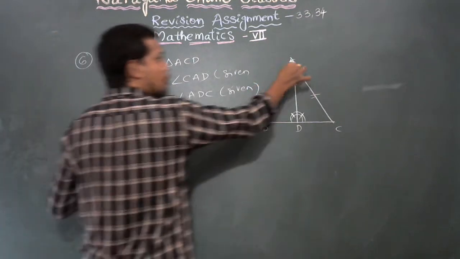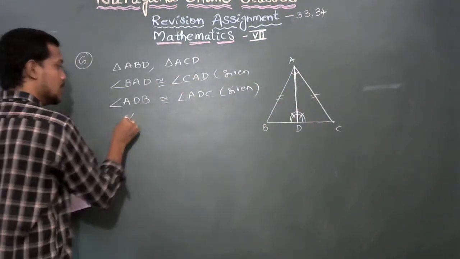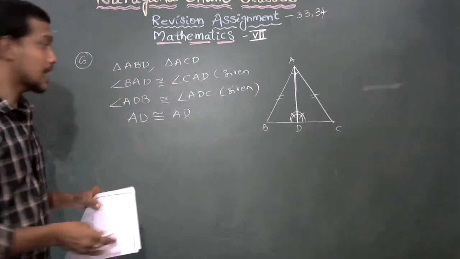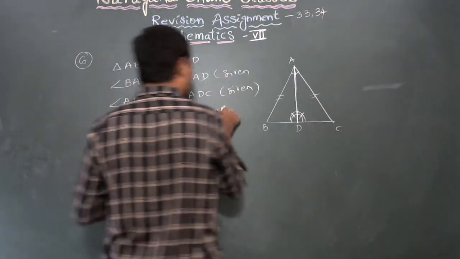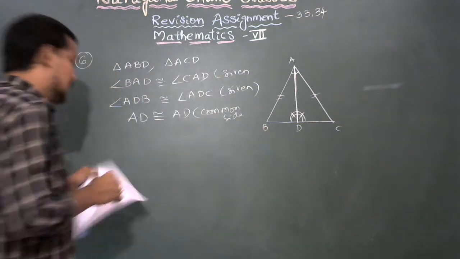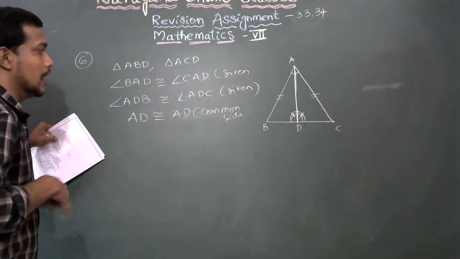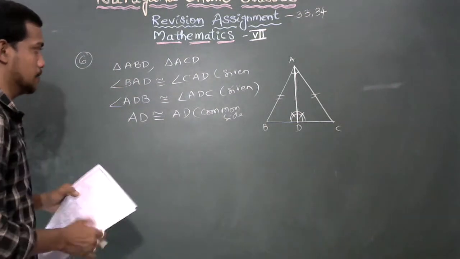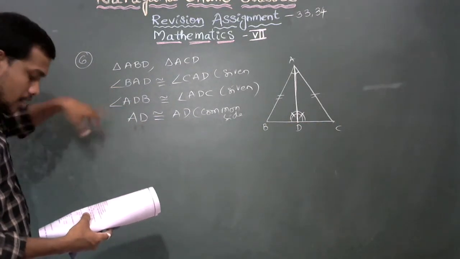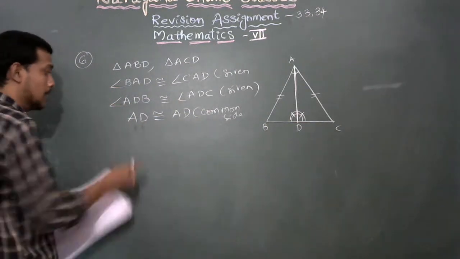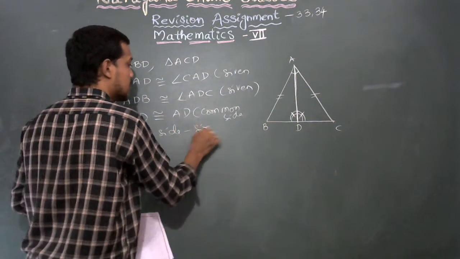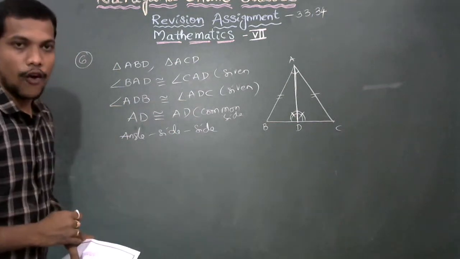Both the triangles have the common side AD. So AD is congruent to AD. Okay, so this is the common side. Which criterion is this? Angle side angle criterion. Okay.